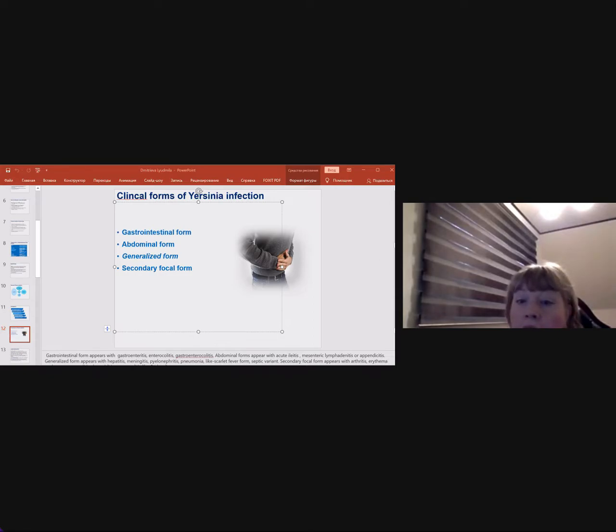And the secondary focal form appears with arthritis, erythema nodosum, Reiter syndrome, thyroiditis, Crohn-like disease, myocarditis, and these clinical forms are connected with immunopathology processes.